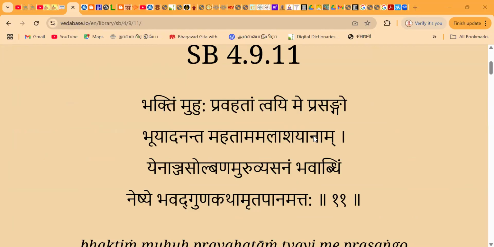Bhuyat is an ashirling type of kriyapada. Ashirling means apraptasya ichha: a person is expressing a desire to obtain something he has not attained. That is the apraptasya ichha.